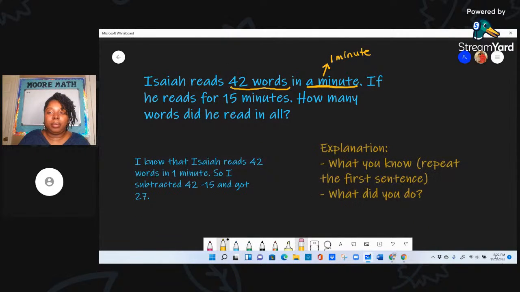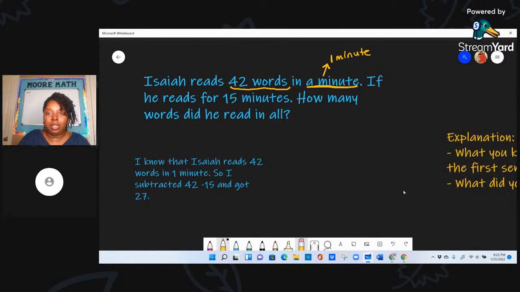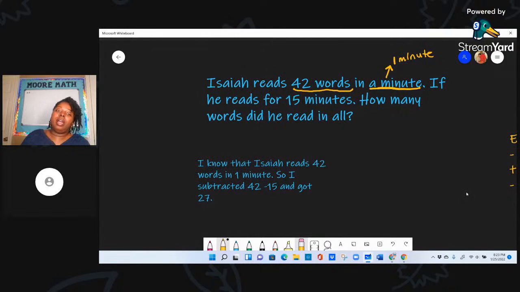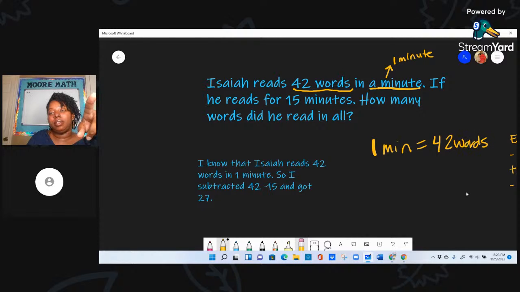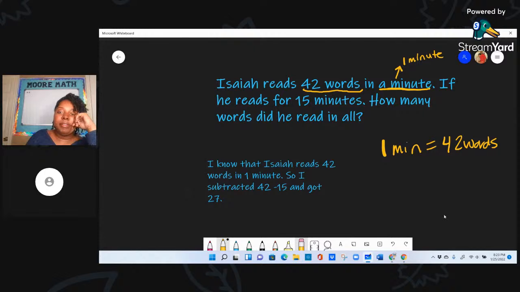Now, pause for a second. So for 1 minute, Isaiah reads 42 words, right? In 15 minutes, you just said he reads 27 words. How is it possible that in 15 minutes he's reading fewer words than in 1 minute?